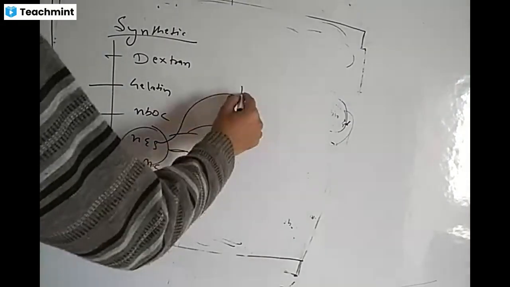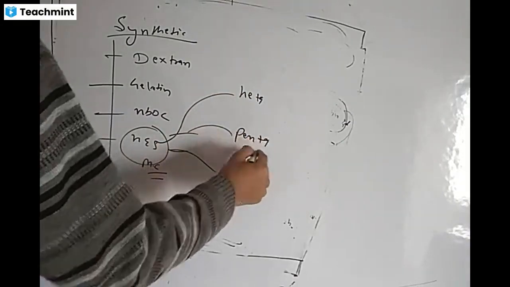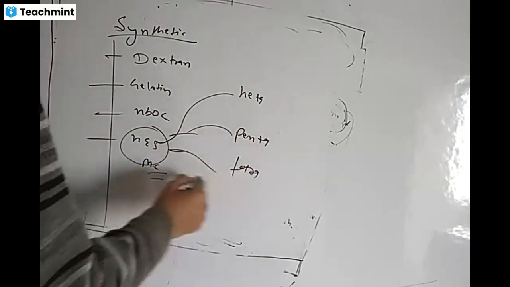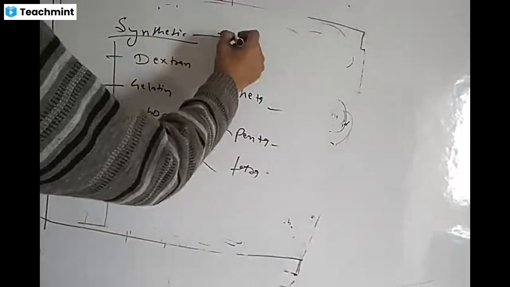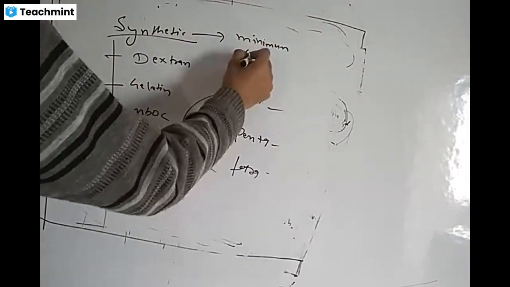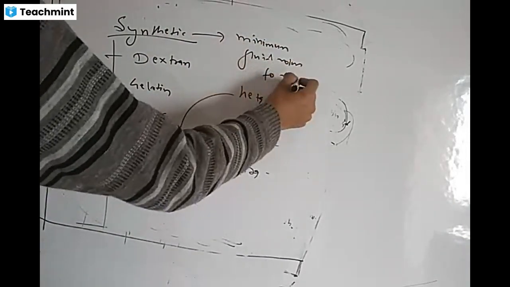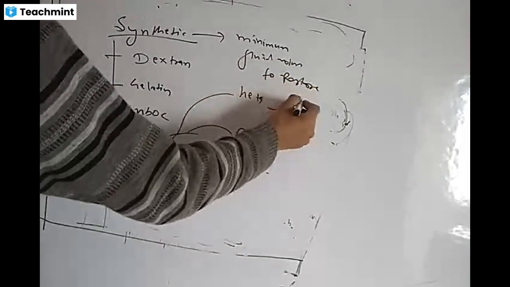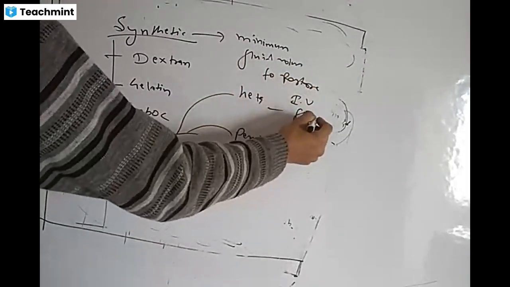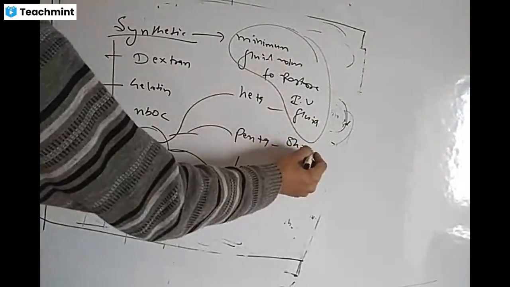The commonly used are hetastarch, penta, and the tetra. Their use is giving minimum fluid volume to restore the intravascular fluid, that is, when there is a shock condition, hypovolemia.